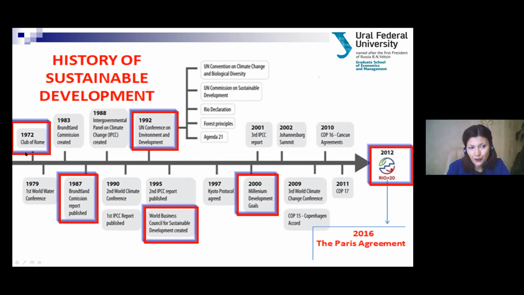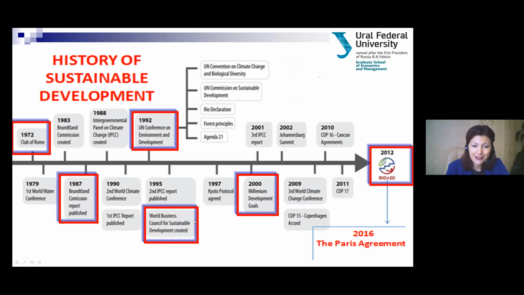Club of Rome, then a special Brundtland Commission report on sustainable development published in 1987. And then there was a specific conference of the United Nations on environment and development. And that is when development economics transformed into sustainable development economics. What happened?